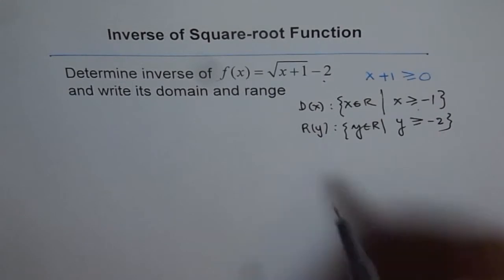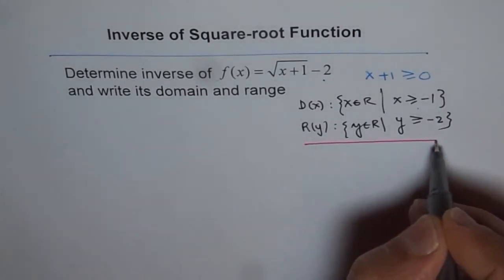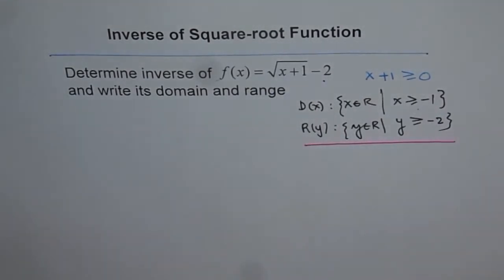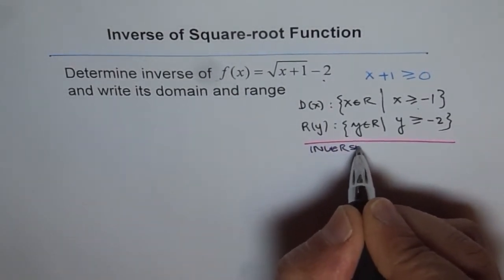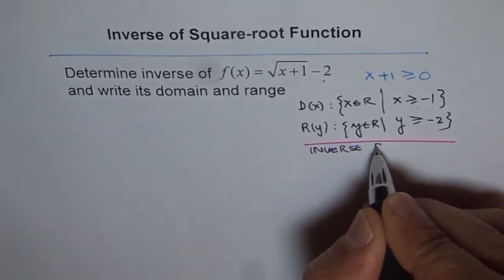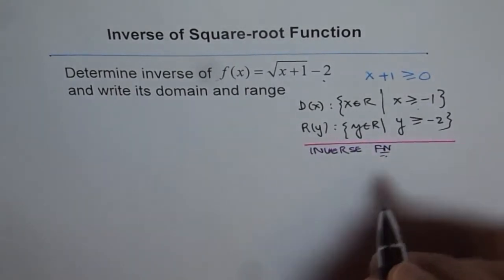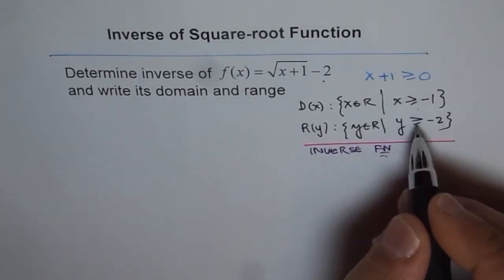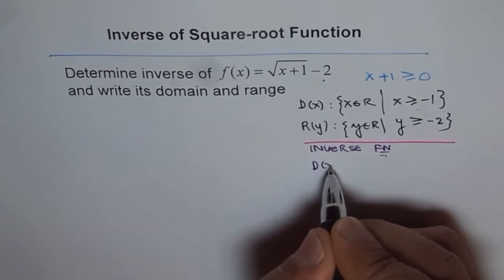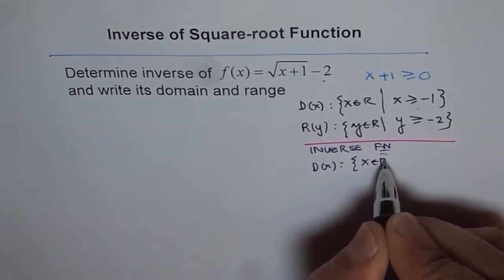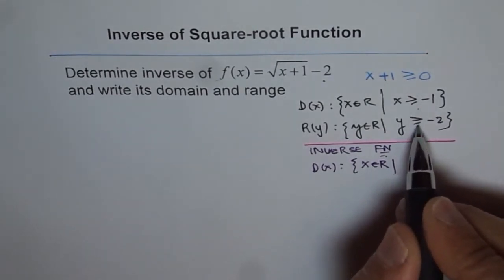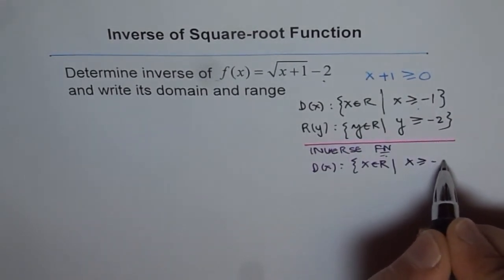Now let us write down the domain and range of the inverse function, right? For the domain and range of the inverse function, things will flip. So we get the domain, which is going to be x belongs to real numbers, so that x is greater than or equal to minus 2.